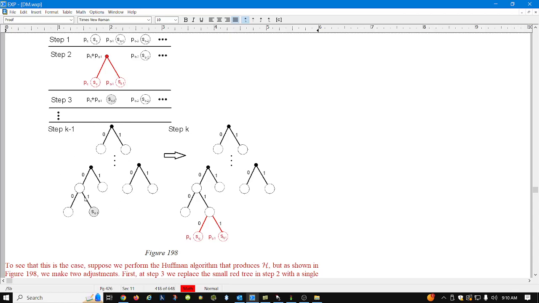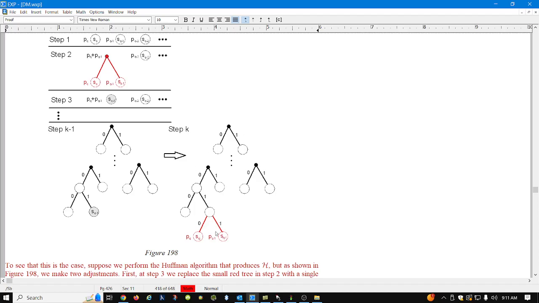And so what about the code that we get if we just go from step 3 to step k minus 1? What can we say about that? Well, perhaps nothing directly. Maybe we can, but it's easier to look at this one.